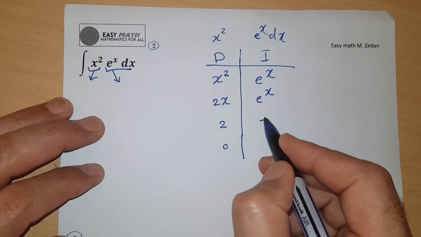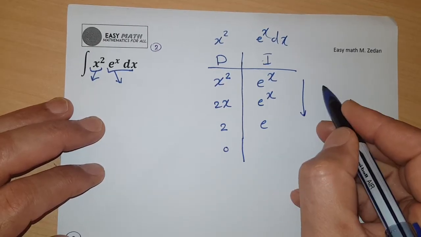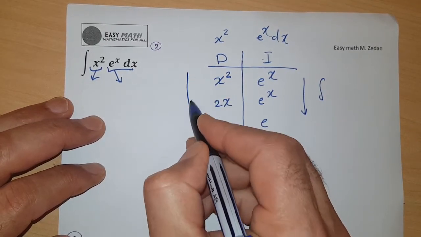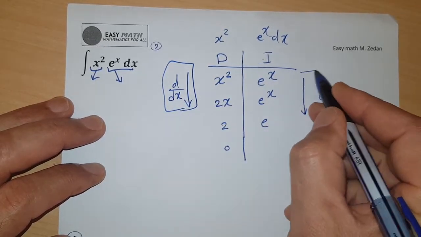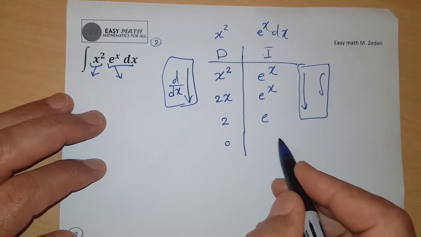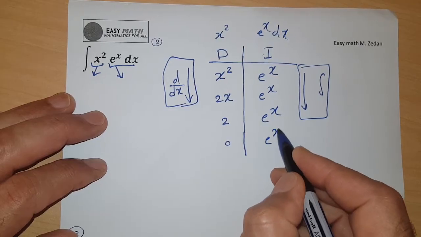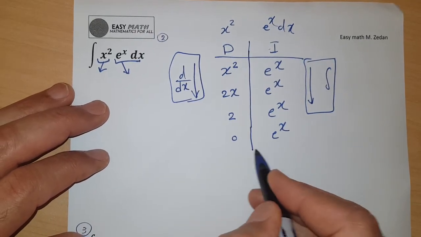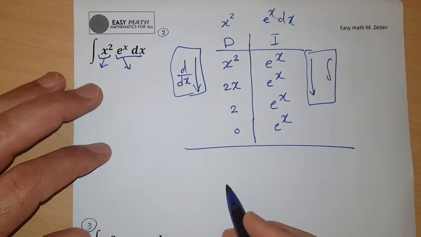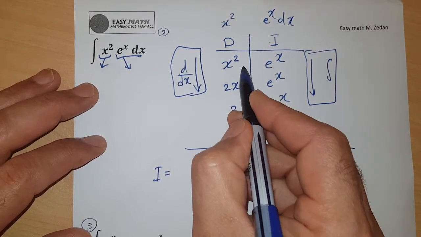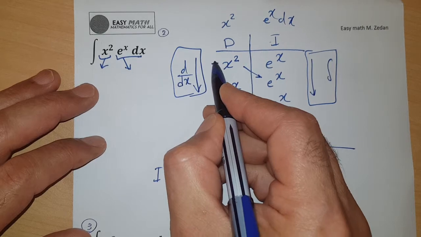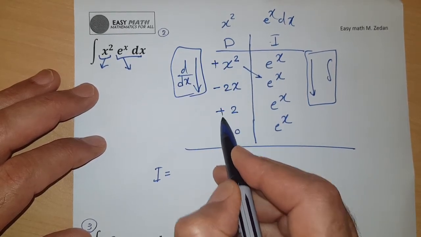The integral also, again, you continue this way by integration, and continue this way by derivative, d by dx. e to the x is the same and e to the x is the same. Once you reach 0, stop writing the table, and the integral equals, just multiply that. Don't forget to write the sign of the rule, positive, negative.